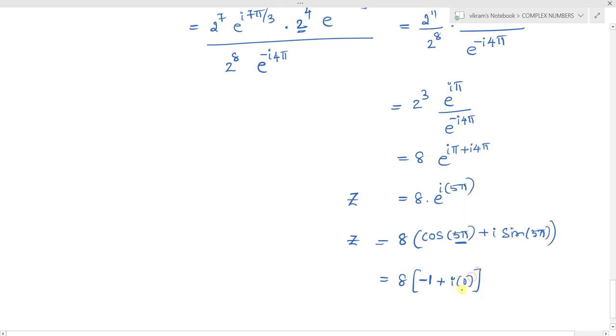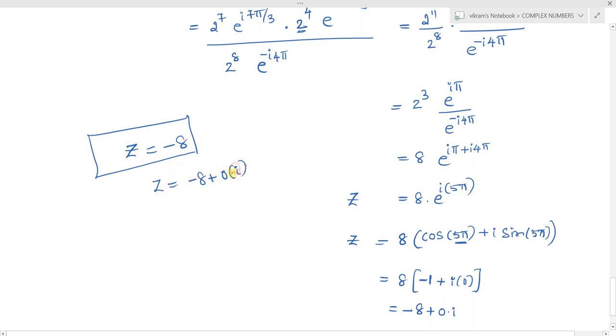Then we get minus 8 plus 0 times iota. Otherwise, the complex number z equals simply the real number minus 8. If asked to represent it as a plus ib, then we can write minus 8 plus 0 times iota. Okay, which is the required solution.